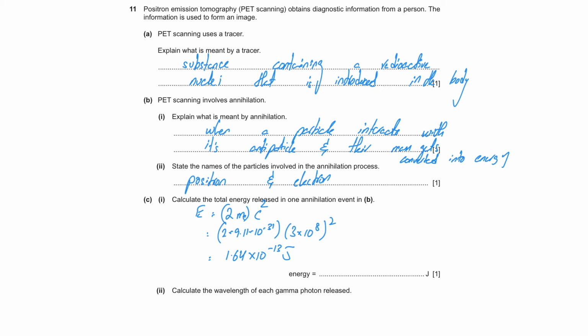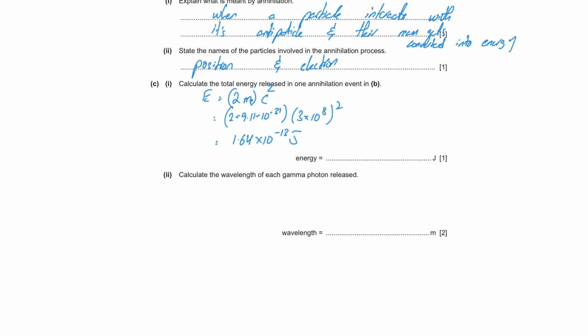Part 2 says, calculate the wavelength of each gamma photon released. Now the total energy is divided equally in the 2 gamma photons that are being released. So each photon has an energy of 1.64 times 10 to the power minus 13 divided by 2, which is equal to 8.2 times 10 to the power minus 12 joules.